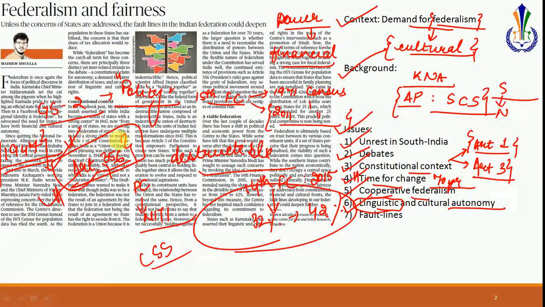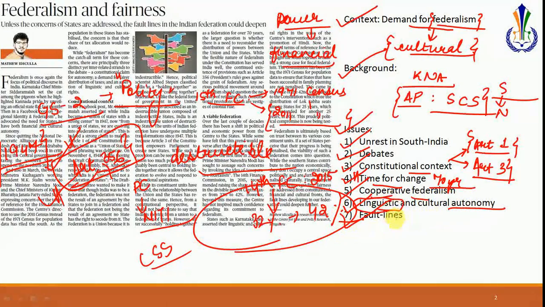Now what has happened is that after 70 years of independence and 70 years of sustained democracy within India, people have increased aspirations and now they want to express themselves much more, as a result of which these demands for linguistic and cultural autonomy are definitely going to increase. This is a normal trajectory with regards to democracy, and so this is something that the centre should not deny, and this is something that the states should get. So that is something that has been analyzed here.